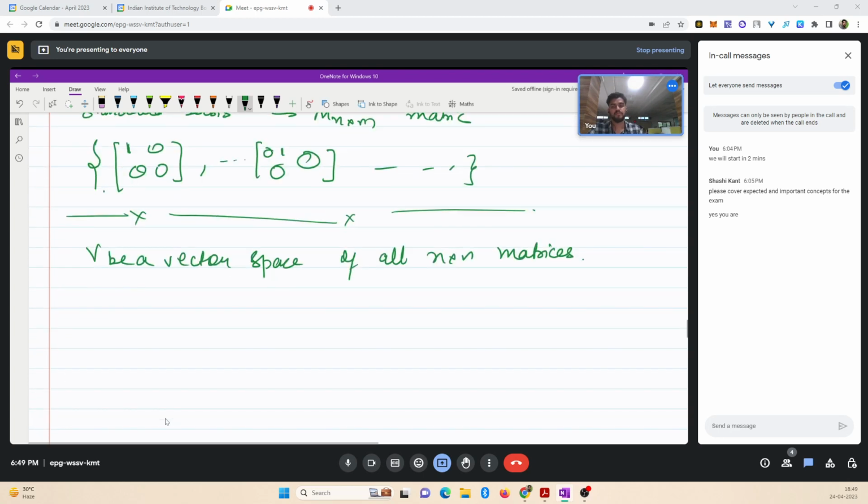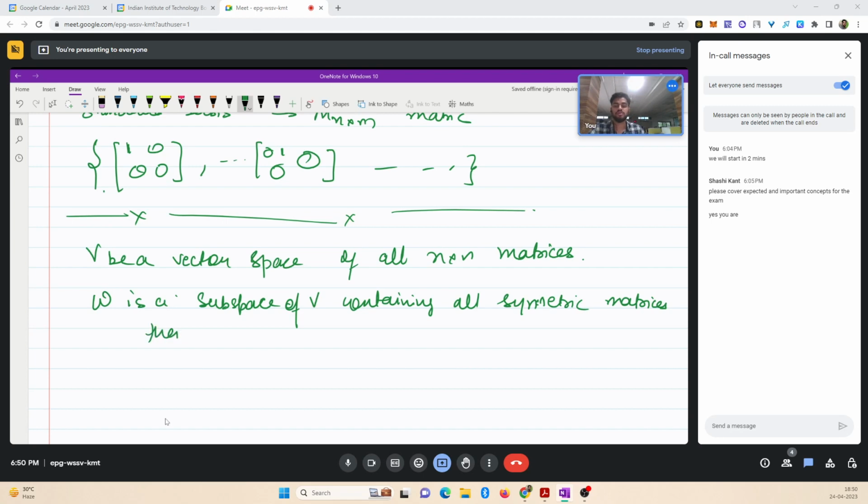Then let's say we define a subspace W. W is a subspace of V containing all symmetric matrices. Then what is the dimension of W?